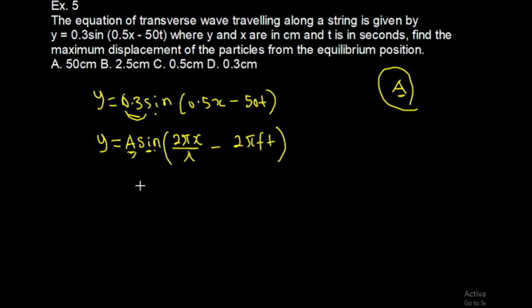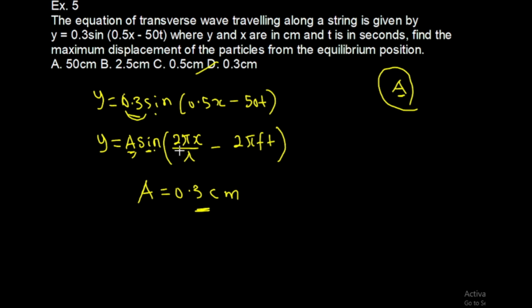So we simply say amplitude here is equal to 0.3. Now, how do we know the units to use, whether 0.3 meter or cm? They already stated it here in the question, where y and x are in cm. So if y and x are in cm, it simply means amplitude will also be in cm. So we have 0.3 cm. This will be our answer, option D.